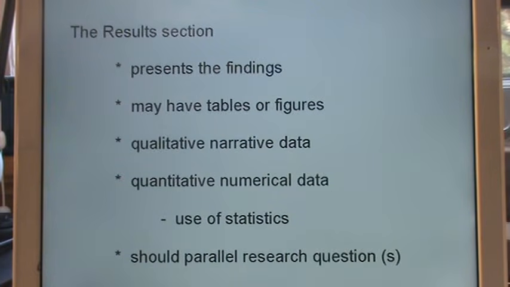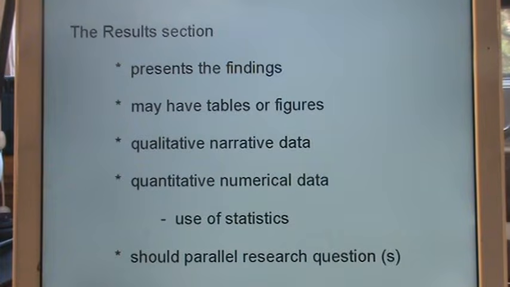The results section, obviously, is where the authors will present their findings, and they may use tables, charts, figures and diagrams. Now, if it's a qualitative study, then the data will be in narrative form, lengthy narrative descriptions.